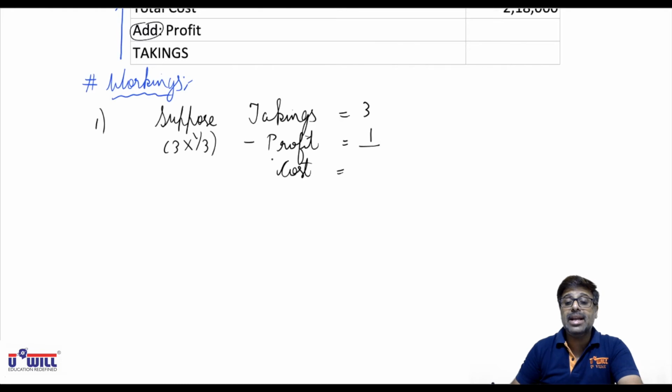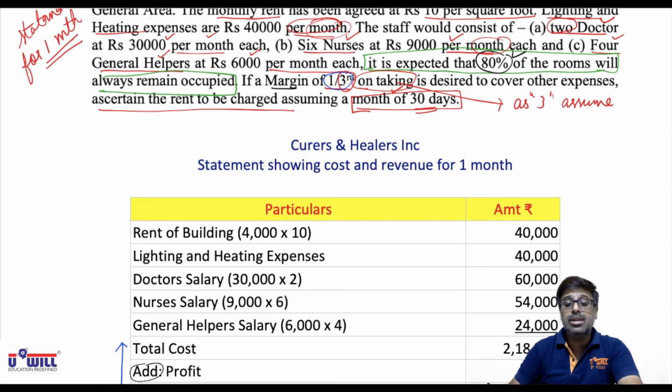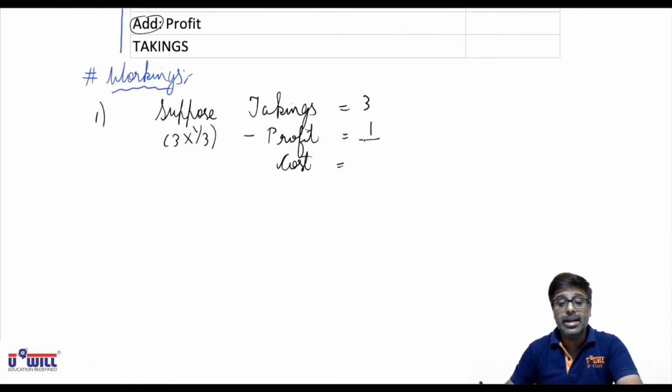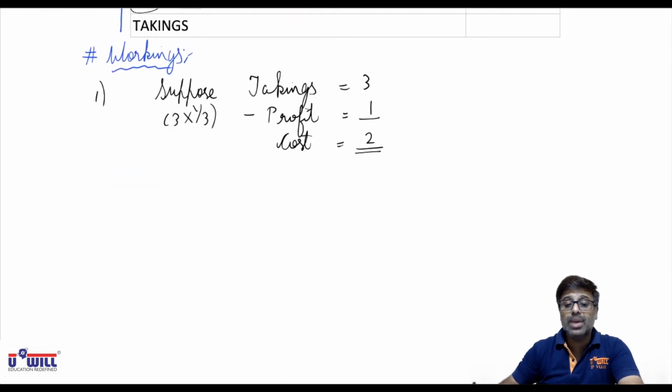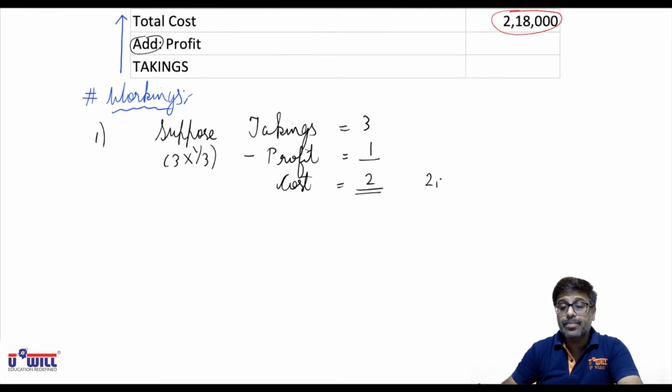The reason I told you to assume this denominator is so that you get a whole answer and not decimals. 3 minus 1 means cost would be 2. Now, what is the cost? We get 2,18,000.